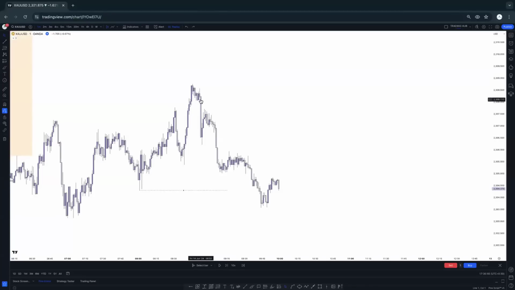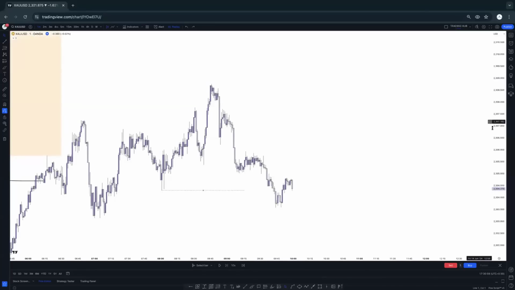Okay. So this is our structure, and this is our inducement, and follow the structure here as well. So if the market takes out the higher time frame inducement and creates any bullish structure here as well, right, we can plan here for the buy to the upside. Look at this structure here.